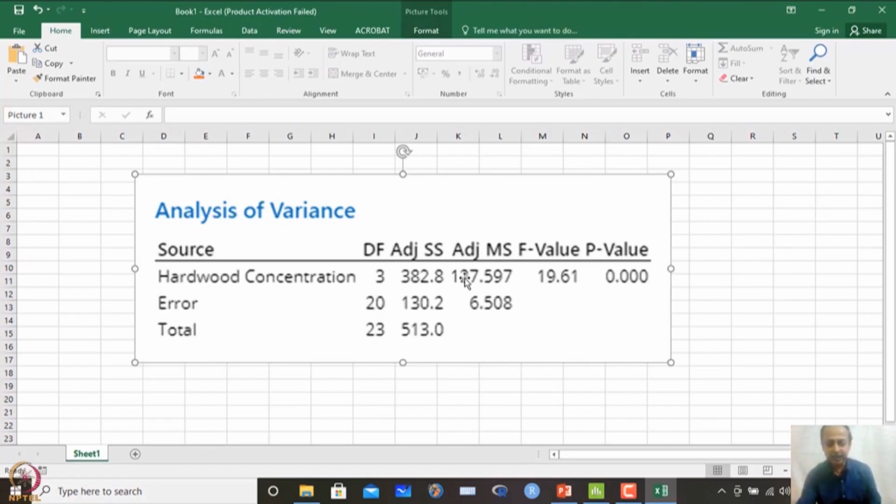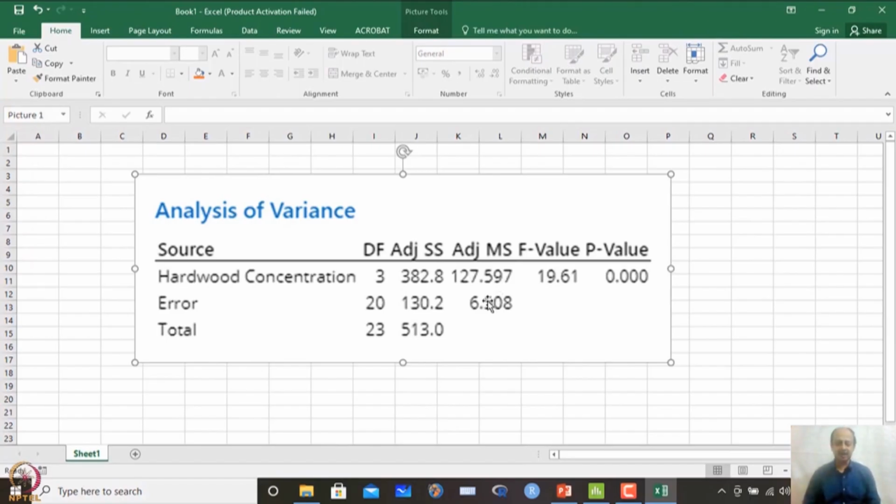Then mean square treatment is 382 divided by 3, that is 127, and mean square error is 130 divided by 20, which gives you 6.5. Then the F value is derived as mean square treatment divided by mean square error.